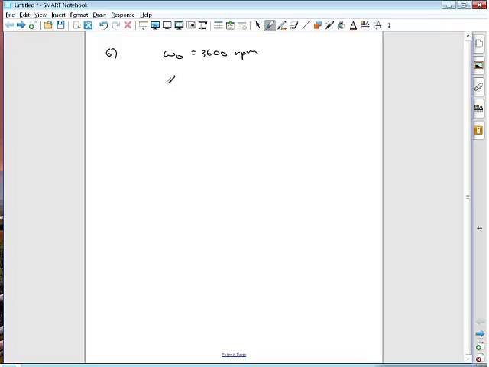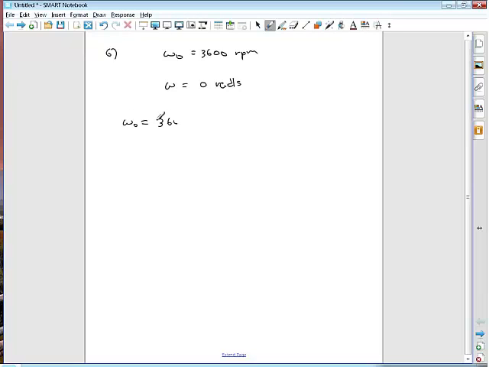And the final angular speed is going to be 0. And that doesn't matter radians per second, because we're going to convert omega 0 to radians per second. And you do that by having 60 seconds per minute and 2 pi radians per revolution. So let's just convert that.